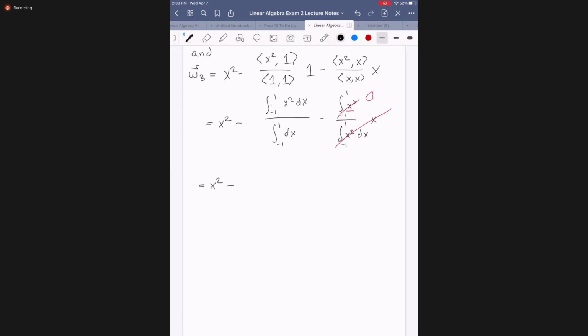If you integrate this, you're going to get 2/3 over 2 times 1, which is just going to give me x squared minus 1/3. So my orthogonal basis B is at least 1, x, x squared minus 1/3. Okay.